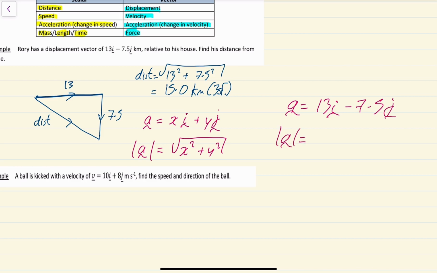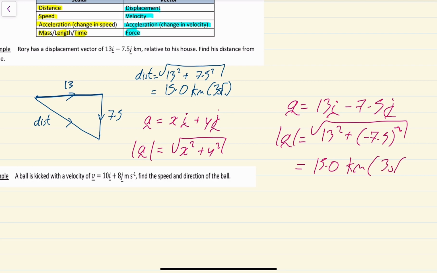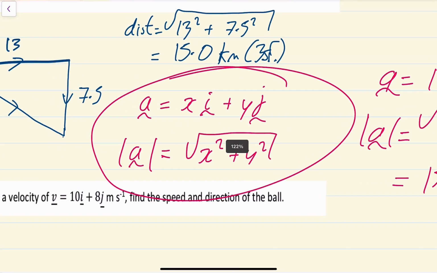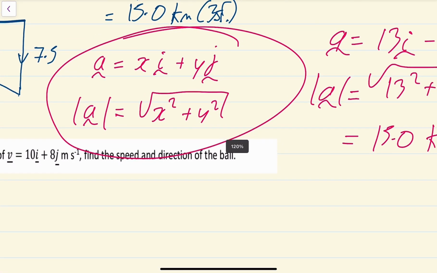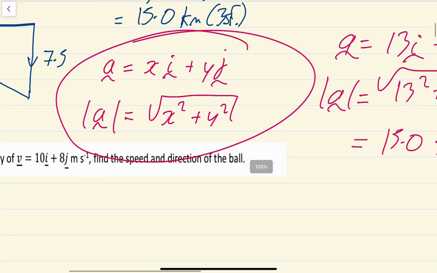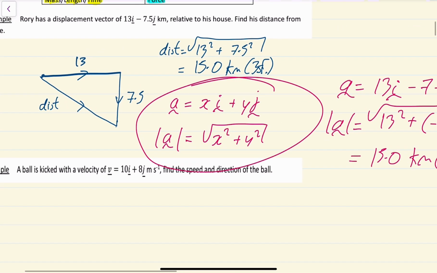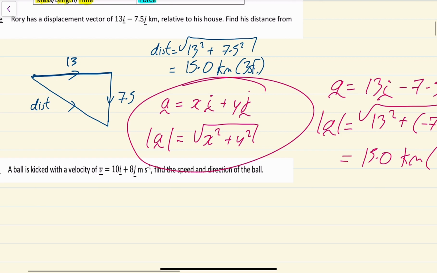Then your modulus, or your distance in this case, would be the square root of 13 squared plus, use brackets, minus 7.5 squared. And again, you would get 15.0 kilometers to 3 sig figs. But very important that we understand this. You've probably seen this already on your AS1, or maybe even your GCSE further maths if you've done it. But that's really where this is coming from. So you don't really want to have to do that diagram out every time. You could just jump to it and do it this way.